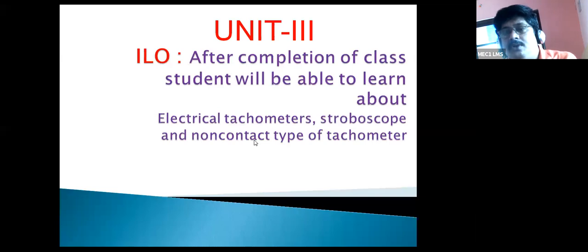In the previous class, we discussed the laser Doppler anemometer and speed measurement devices, in that mechanical type of tachometers. In the laser Doppler anemometer, a helium neon laser beam is focused on a pipe carrying fluid.